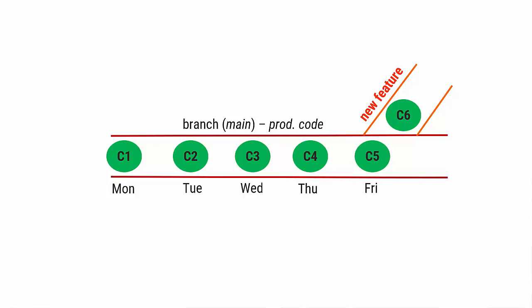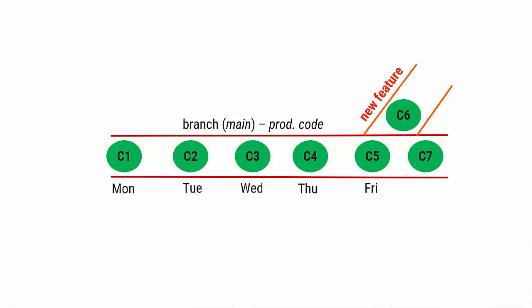So this is a completely new branch, and it is independent of the main branch. So C6 would be the next commit after C5, but that's in the new experimental branch that you have just created. And simultaneously you can also continue working on the main branch. So these two branches are completely independent. They are just like the branches in a tree.